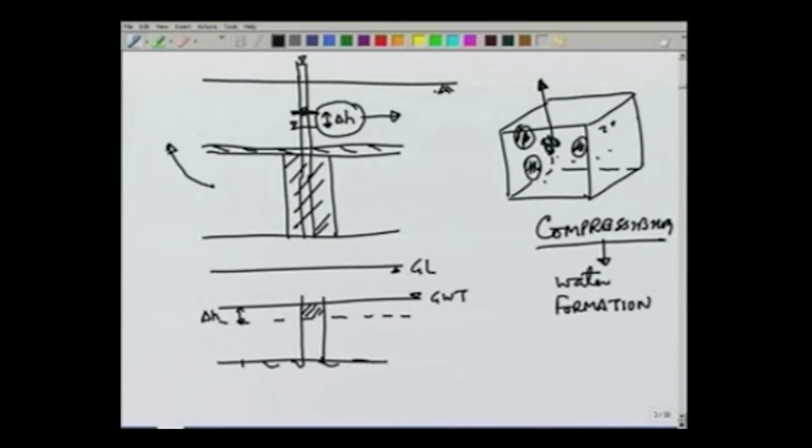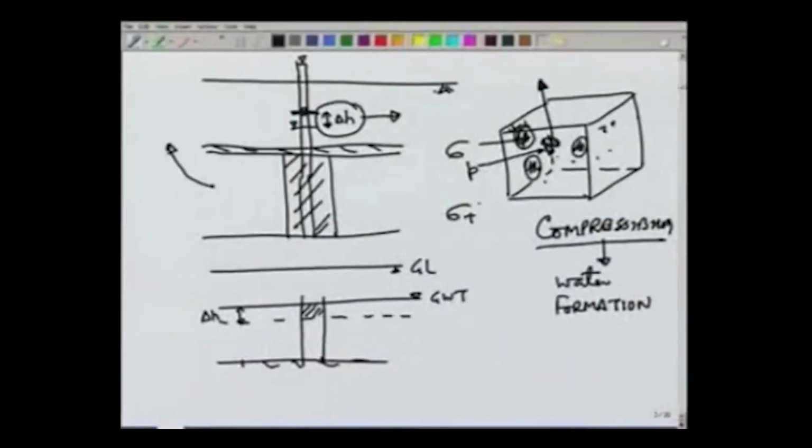The other thing which happens is because of this lowering of pressure in the water, since the total stress remains same, the overburden pressure remains same, lowering of water pressure means increase in the grain pressure. So, if there is some grain pressure, let us call that sigma, which is acting on the grains, that pressure will increase if we lower the value of P. So, the pressure in the water is, let us say, P, the pressure on the grains is sigma. Now, sigma plus P will be the total pressure which remains constant.